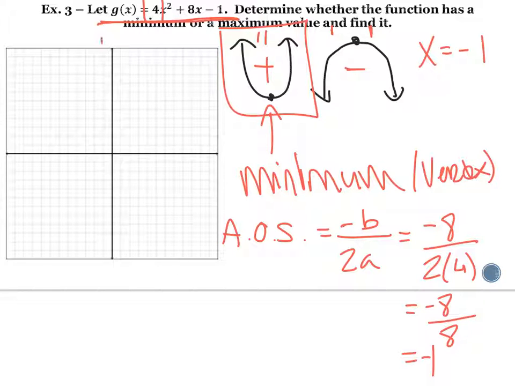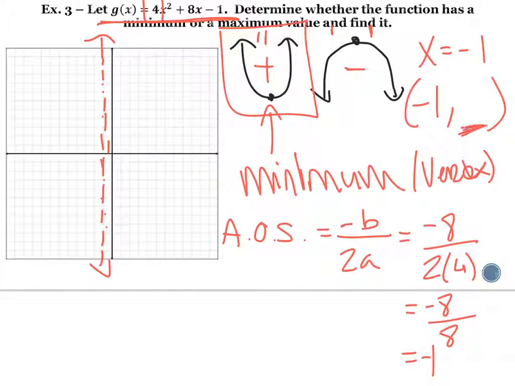If I was to graph this guy, our axis of symmetry is negative 1 right there. So I want to figure out again the lowest or the highest point, so I need to figure out my vertex. I know half of it. I need to figure out what the other half is. So I'm going to plug this guy back into my equation.